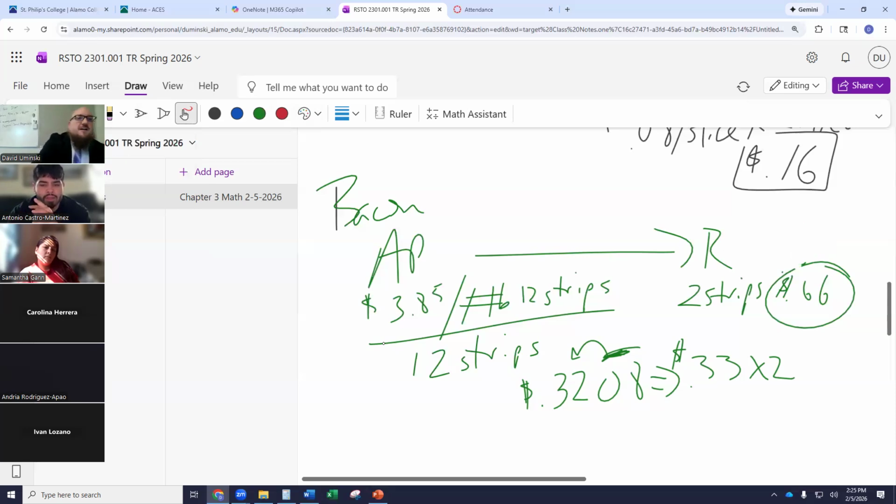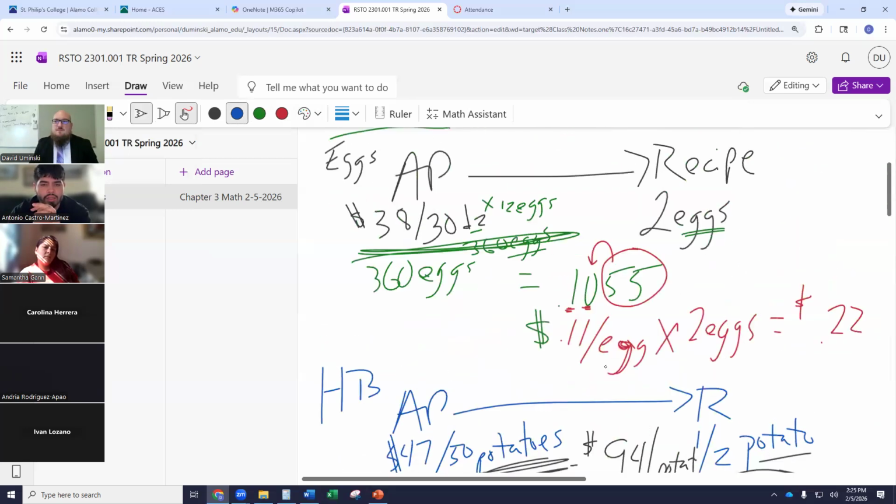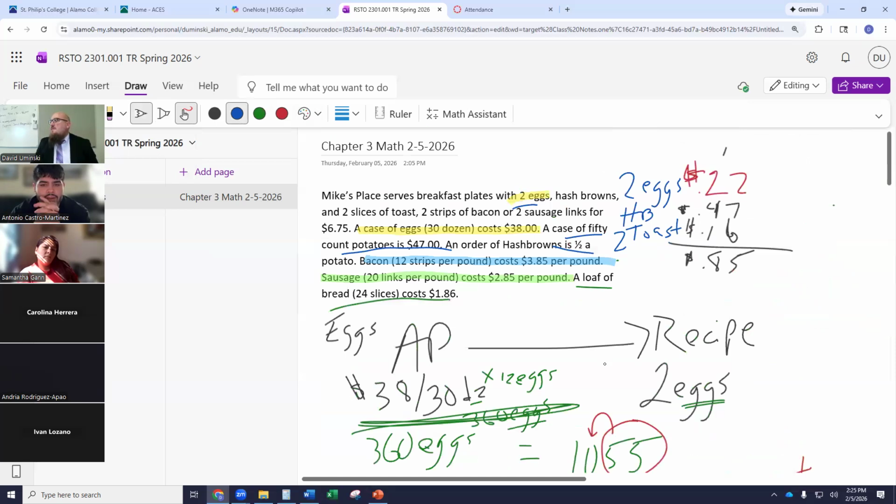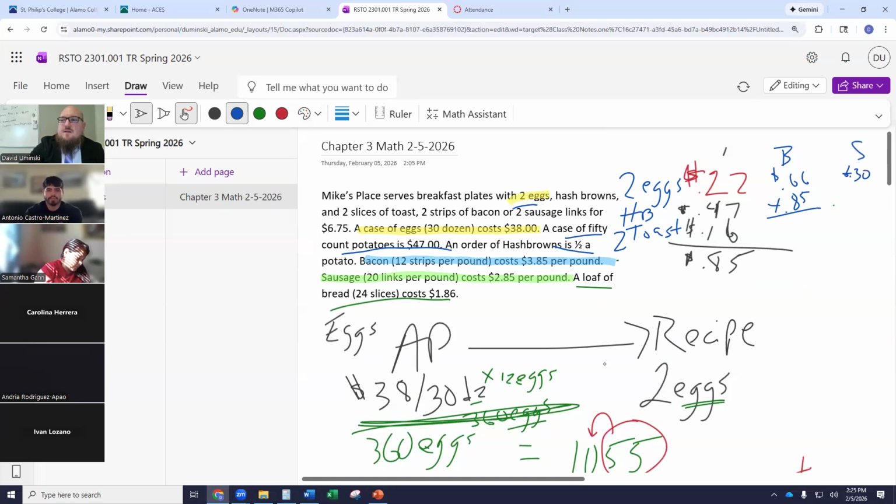All right, sausage, what'd y'all get? 15 cents per link, so 30 cents for the total cost. Good. So we have bacon at 66 cents plus the 85. We have sausage at 30 cents. That is correct.